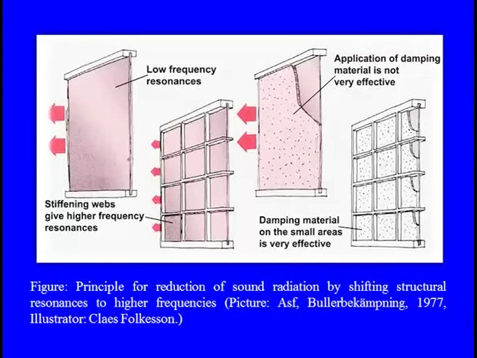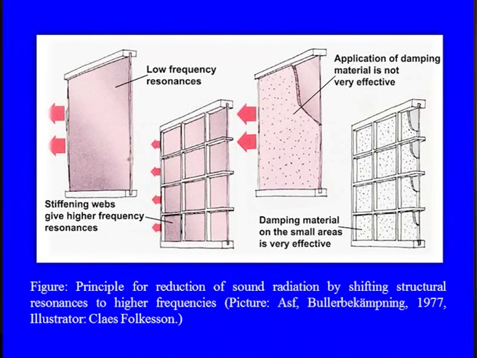But if the plate is large in its dimensions, then we need to use the stiffened plate, where the stiffness is quite high, and then the lower frequency vibrations can be shifted to higher frequency and controlled effectively.